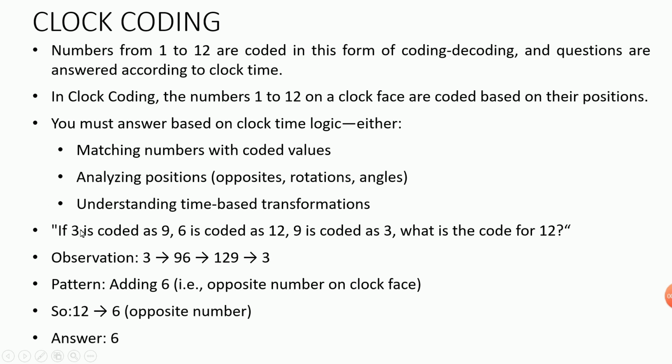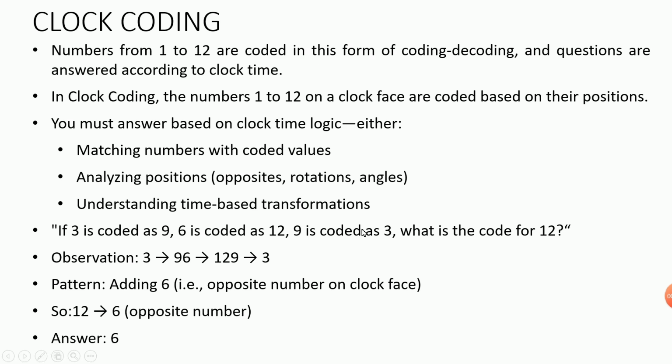In this, you can see 3 plus 6, adding 6, 3 plus 6 is 9. For the second, 6 plus 6 is 12. Again 9 plus 6 would be 15. Since the number exceeds 12, we have to subtract 12 from it.